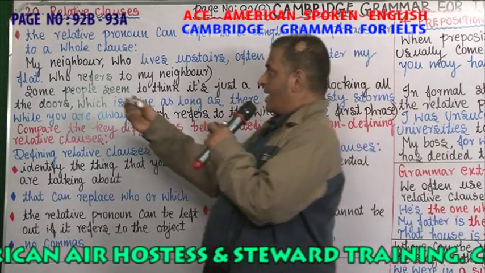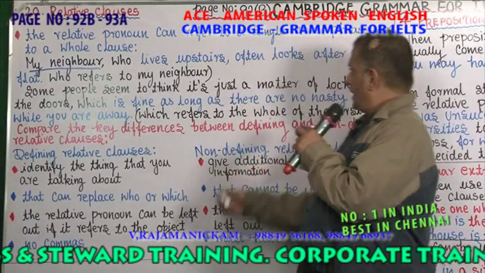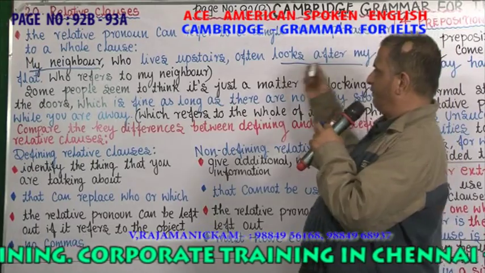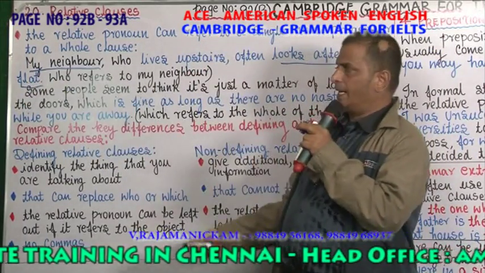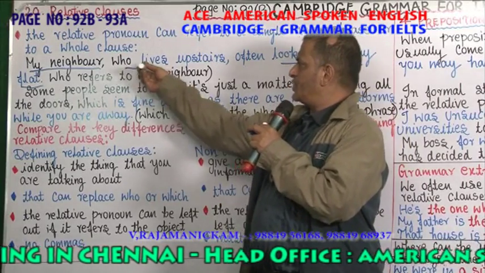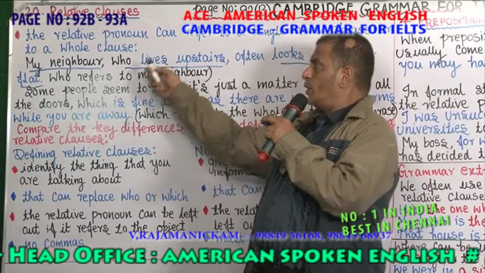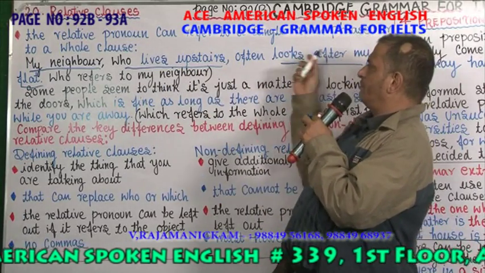Right? So my neighbor who lives upstairs, you are telling about your neighbor. My neighbor, comma, who lives upstairs, comma, often looks after my flat.